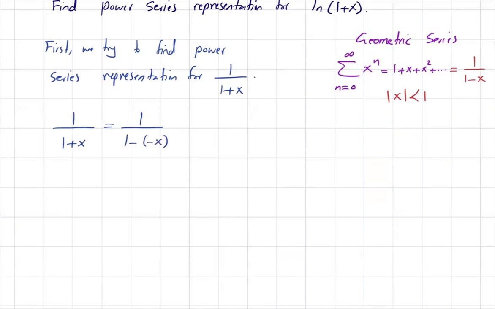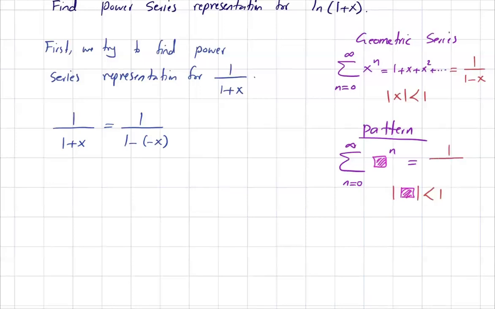So basically, we are following this pattern. The pattern is as follows. The summation of the quantity to the power n, starting from 0 to infinity, as long as the absolute value of that quantity is less than 1, is equal to 1 divided by 1 minus that quantity.